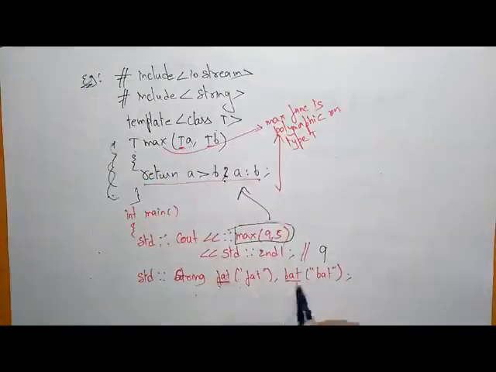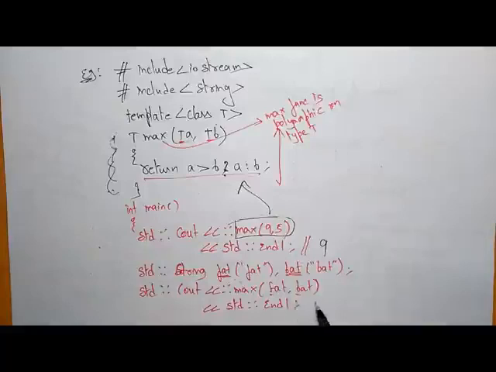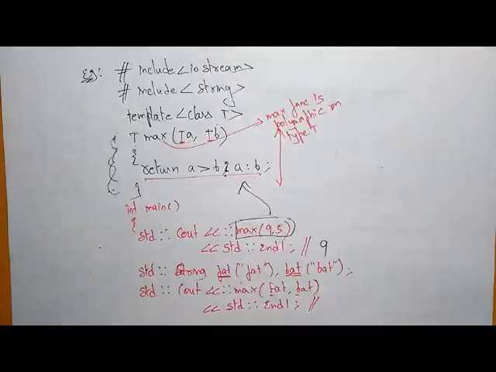Here I have to check this fat and bat. So now print std cout. Here you have to check the characters. Which character will come first, either F or B. Okay, so in that I have to print the maximum character and endl. So here what it prints, fat will print.